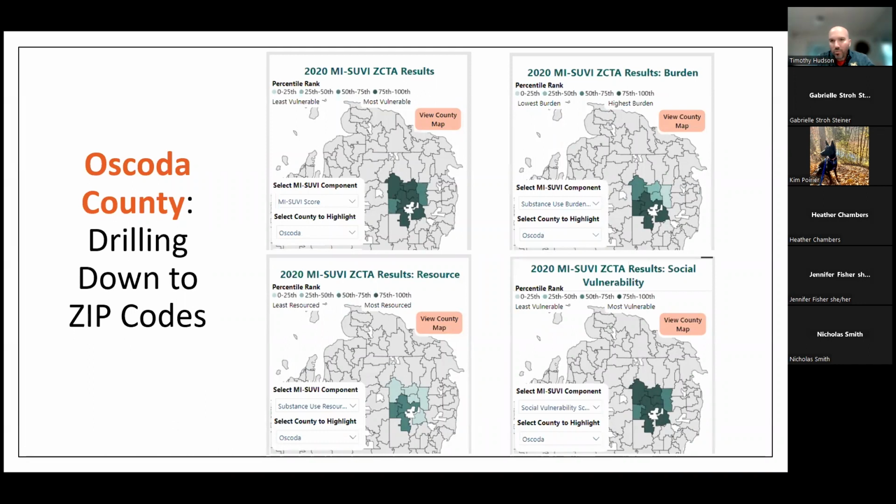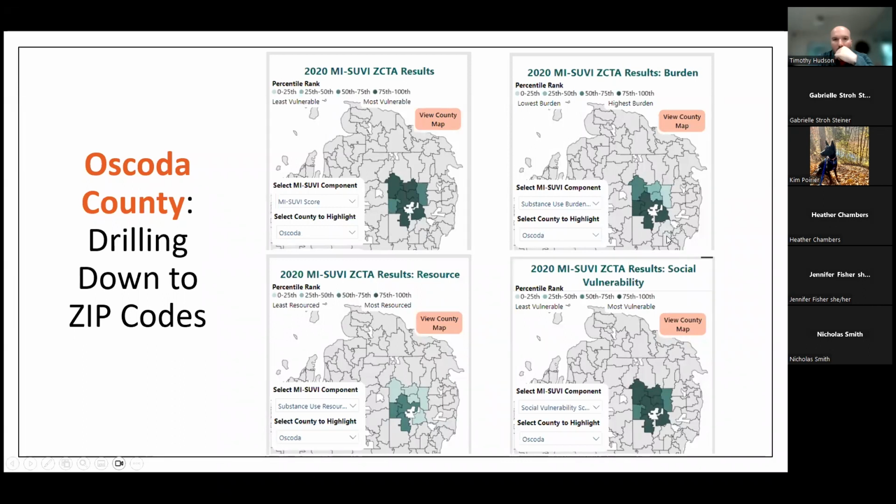For this slide, I drilled down more into the zip codes in Oscoda County by highlighting on that first page the county zip codes and then pulling each of the different component scores out. So we can see that most of the zip codes in Oscoda County in terms of the total MySUVI score are pretty dark. So they would be considered more vulnerable than the average zip code in Michigan.